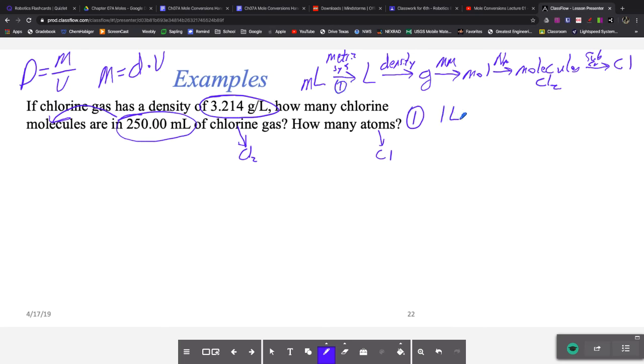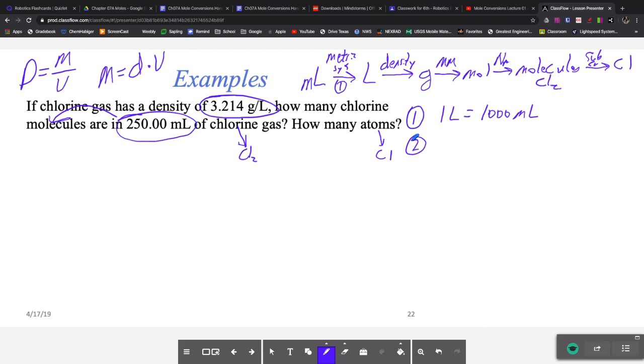Okay? If you don't remember, 1 liter is equal to 1,000 milliliters. So that prefix milli literally means 1,000th of something. And then to go from liters to grams, we're going to use our density. So because our density is in grams per liter, that's a fractional unit, we can write it as a conversion factor.